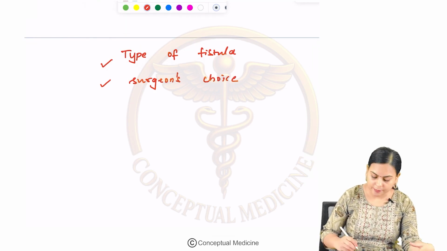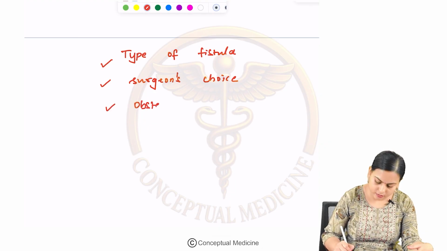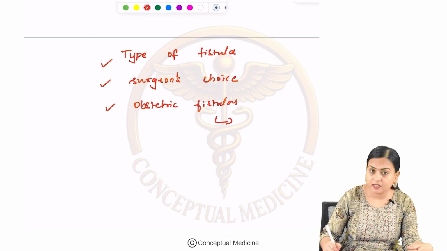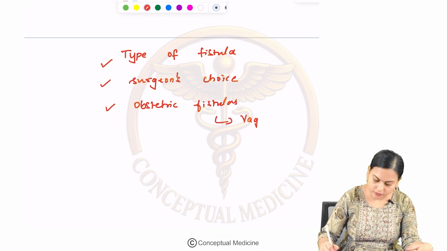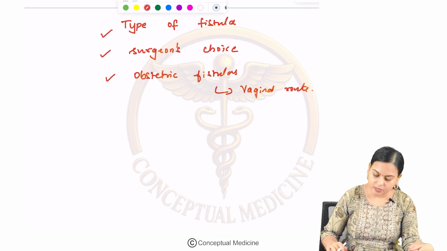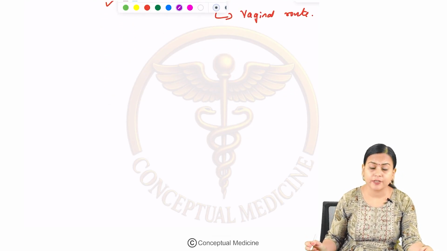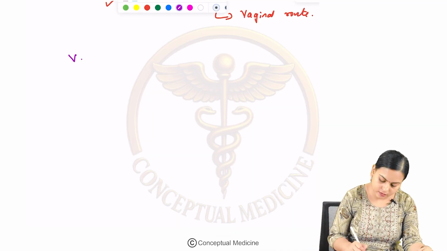And usually the obstetric fistulas are better dealt through the vaginal route. Clear?